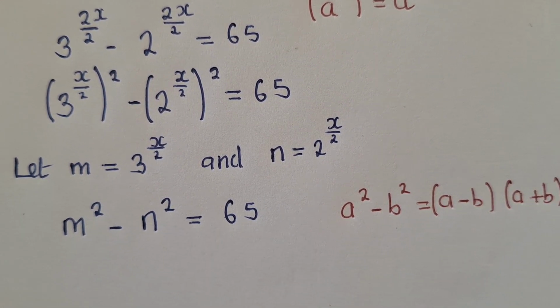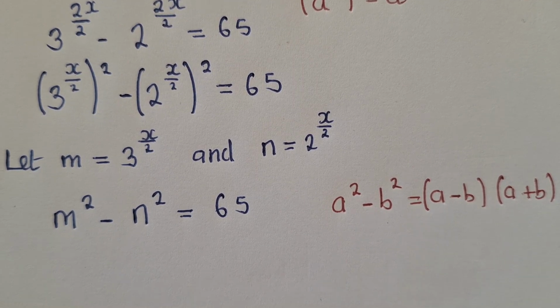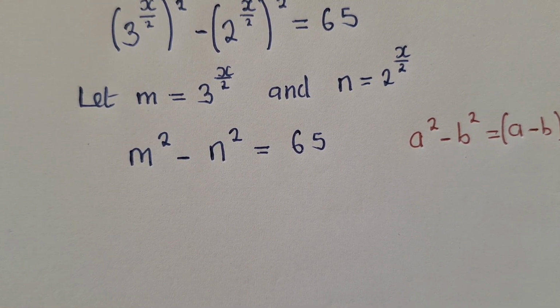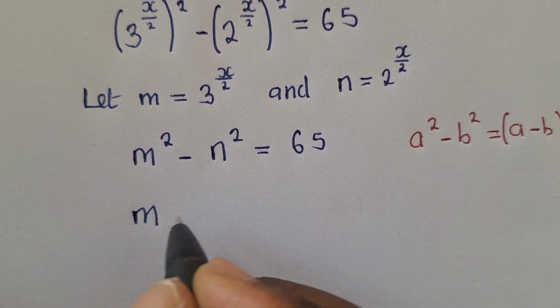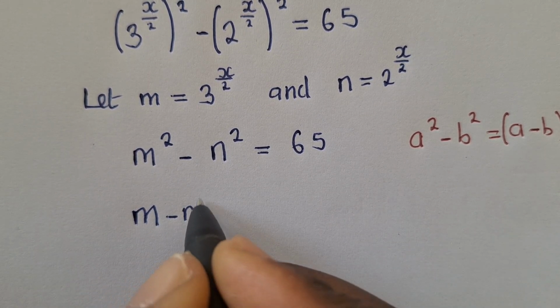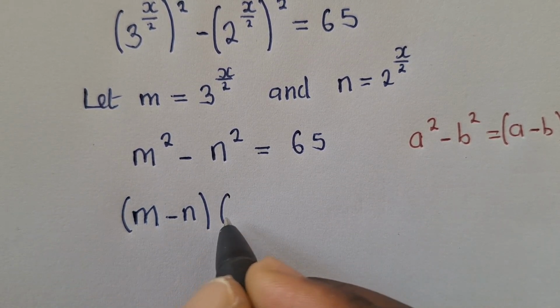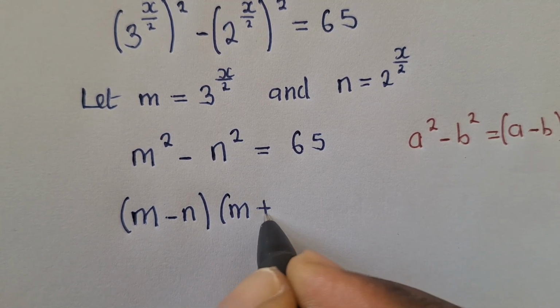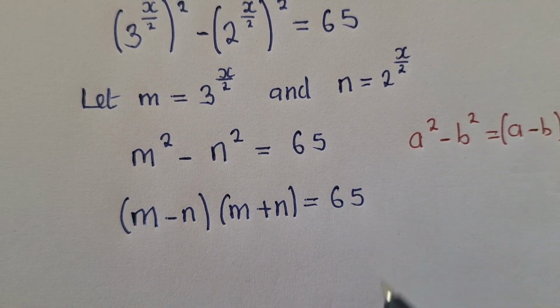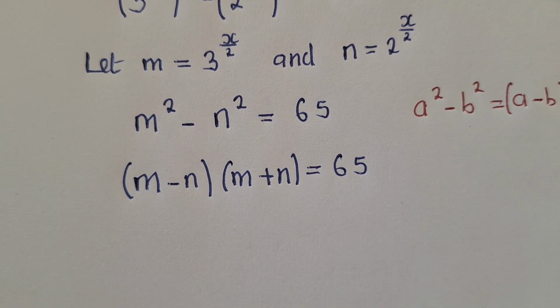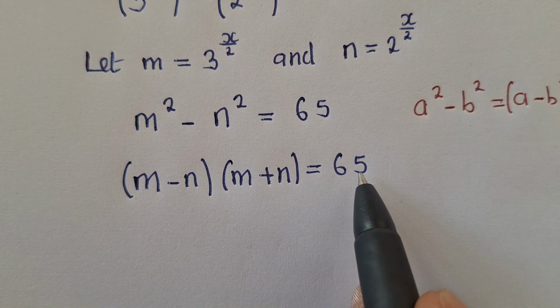So this is a property we are going to use right here. So this will look like this: m minus n, m plus n is equal to 65.